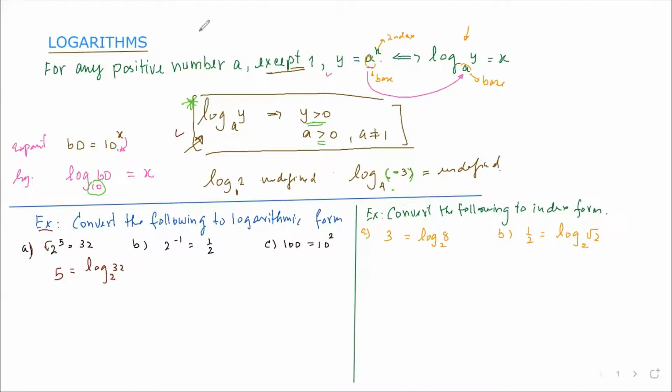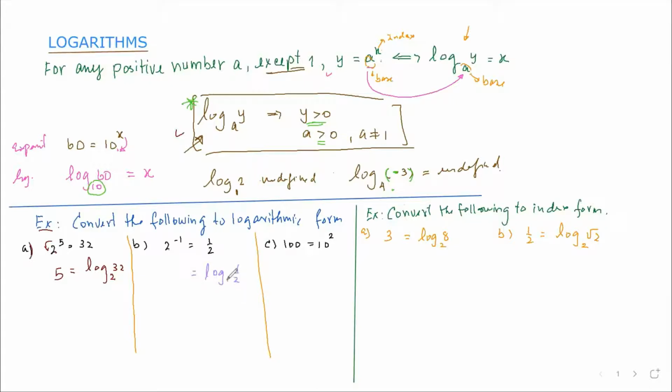Okay, now go on. Question B. What can we have? Now the same thing. Which one is the base? 2 is the base. So you write log 1 over 2. Then the base of the exponent is 2, so it changes to be the base of the log.